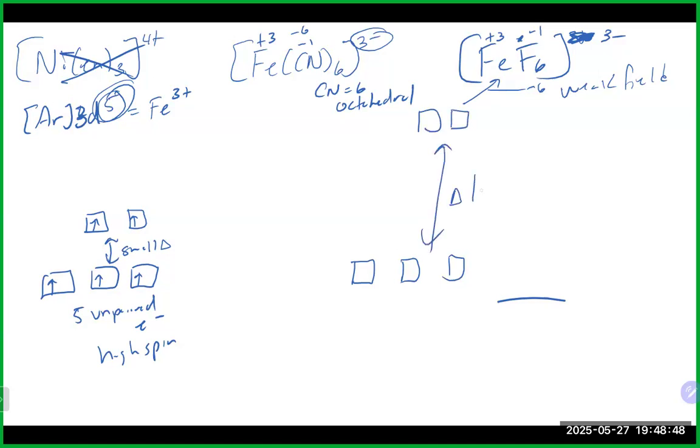There you go. Now we're going to distribute our electrons, 1, 2, 3. They're going to decide, no, thank you. I don't want to go up. We will go down first here. And at this point, this will give us 1 unpaired electron. And since we only have 1 unpaired electron, that would be considered a low spin complex. Any questions on drawing it?